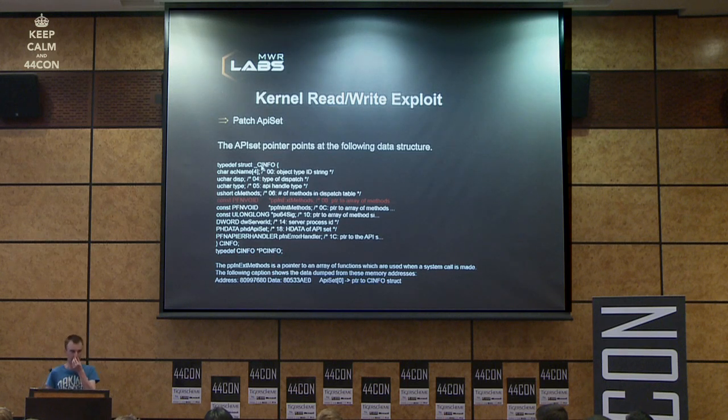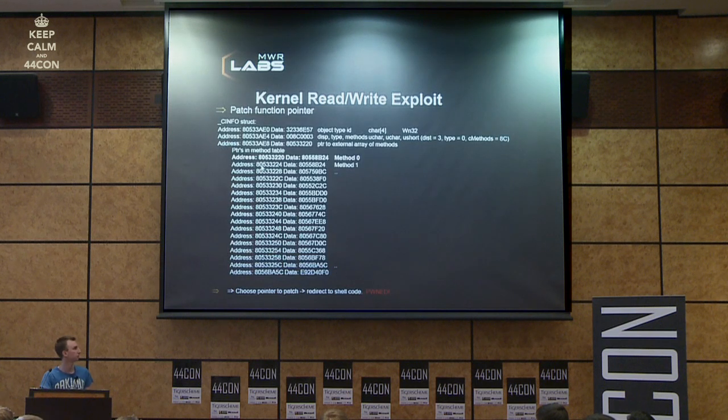API sets are Windows CE's method of implementing system call dispatches. So my aim was to patch a system call dispatcher, and then once the system call was called in a high privilege context, it would be redirected to my own shellcode, and that would execute in the context of a high privilege process. So this is just a case of going through all the data structures and patching the function pointers to point at your shellcode. And that way you've got TCB code execution.